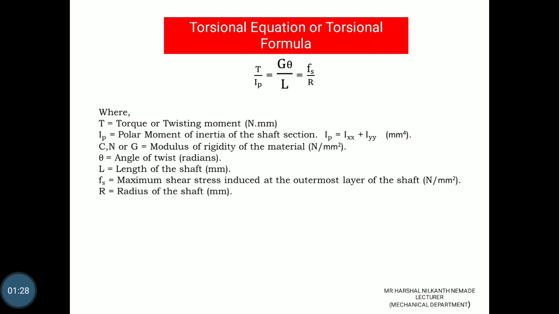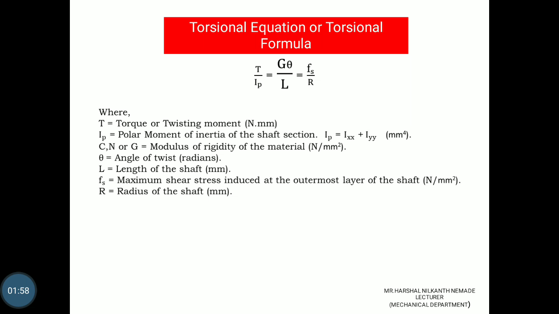Torsional equation formula. T upon IP is equal to G theta by L is equal to Fs divided by R, where T is equal to torque or twisting moment in Newton mm, IP is equal to polar moment of inertia of a shaft section. So IP is equal to Ixx plus Iyy in mm raised to 4.